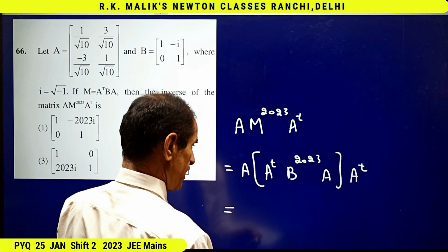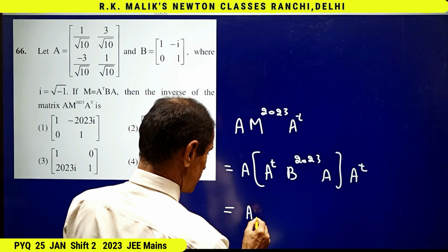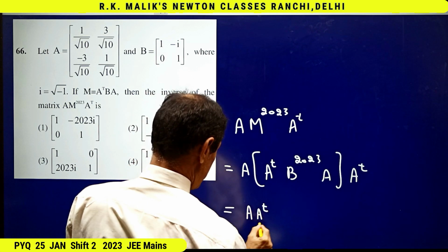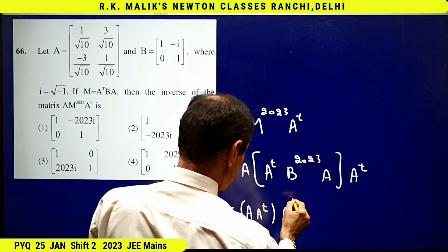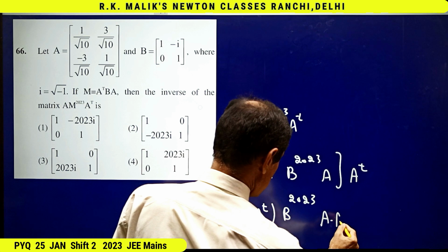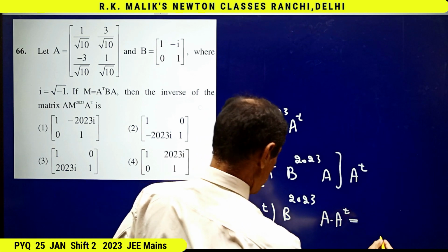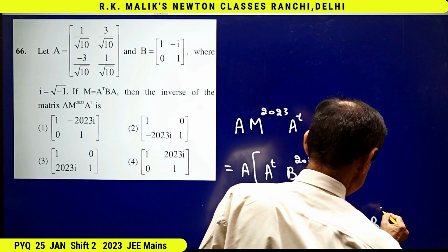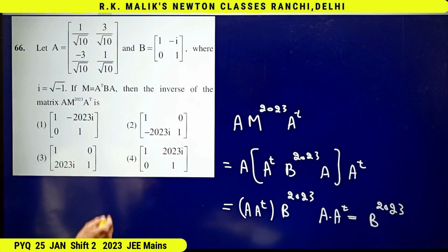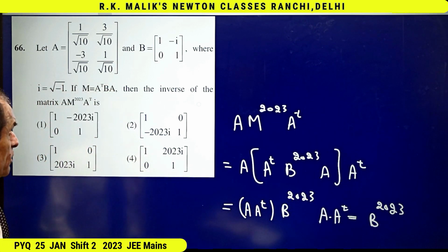Again, using the associative property, you can multiply any two matrices first. That is, I can write it as A into A transpose, bracket B to the power 2023, A into A transpose. Because both are I, I can say this matrix is equal to B to the power 2023.